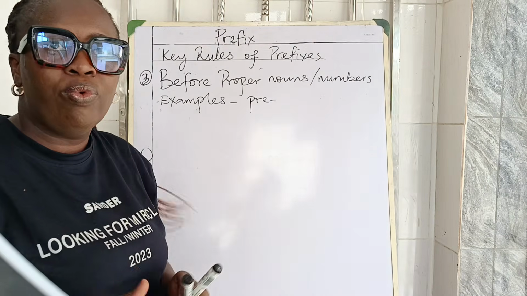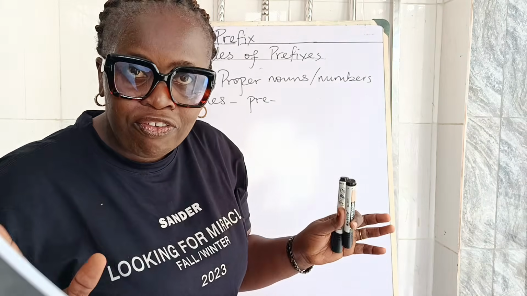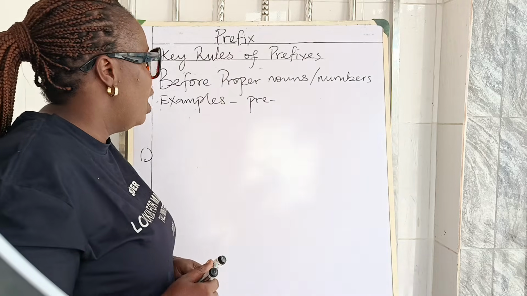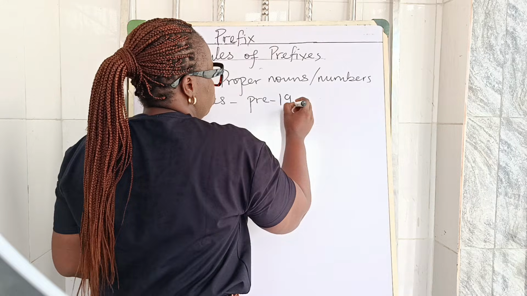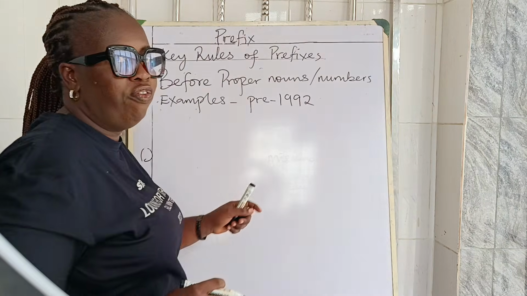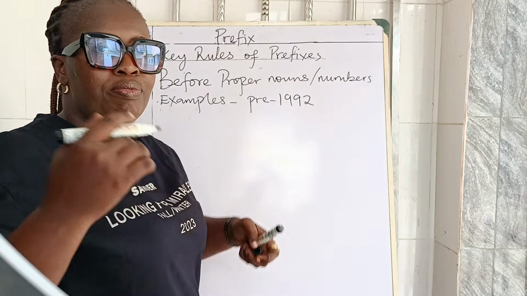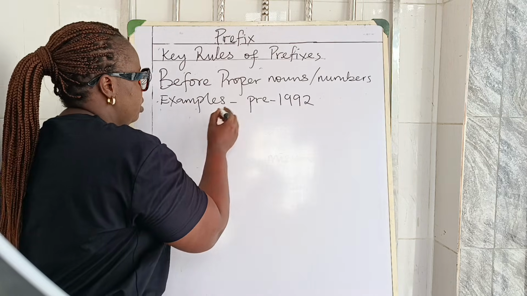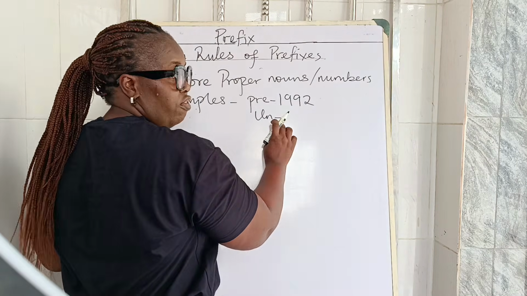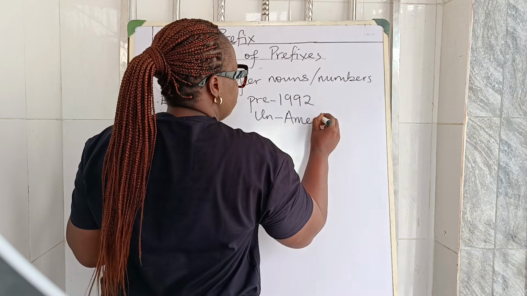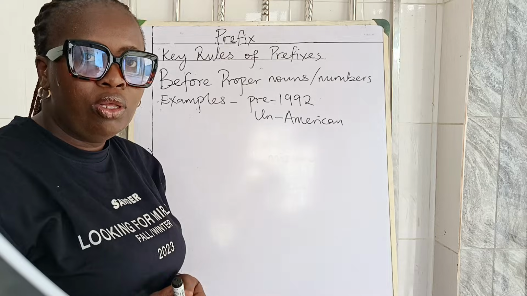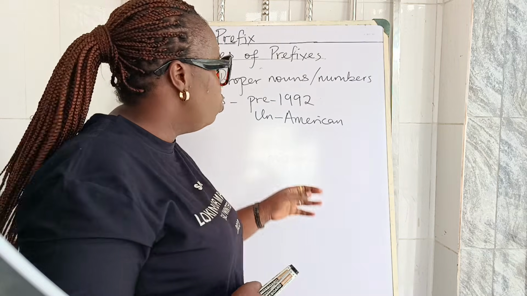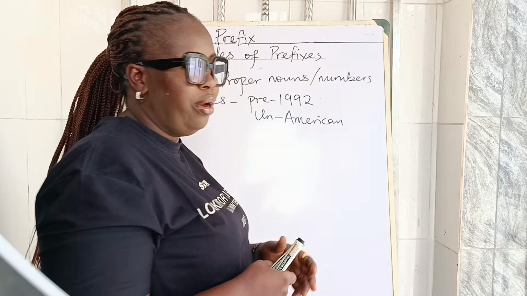We use the hyphen before proper nouns. And this hyphen, now we have pre-1992. I have put my hyphen there after my pre. That's before 1992. That is how it should be written. Un-American, that's another example. We have un, you put your hyphen and put American. Un-American, what does it mean? It means it's unusual, it's illegal, it's not accepted in America.